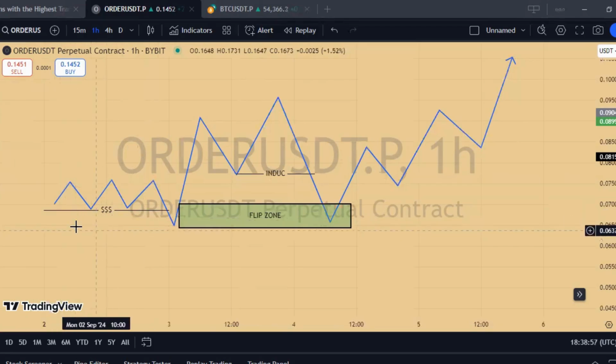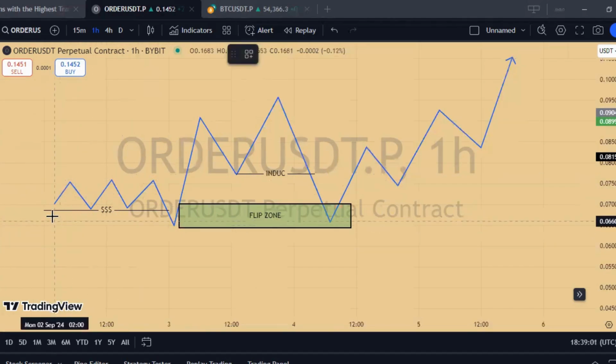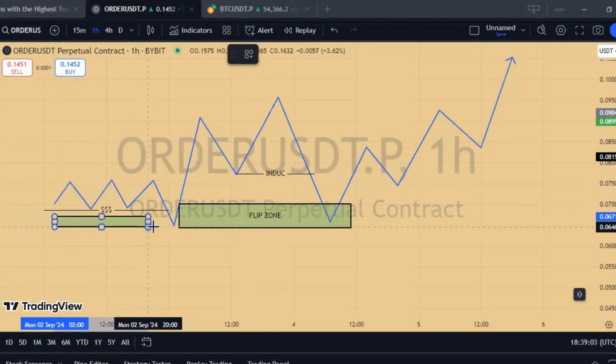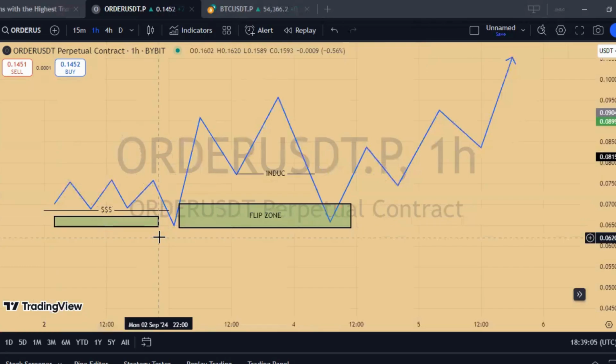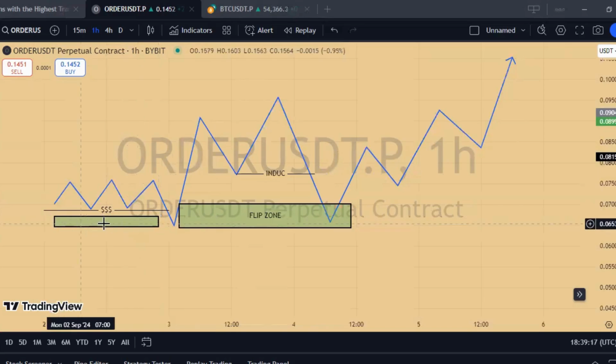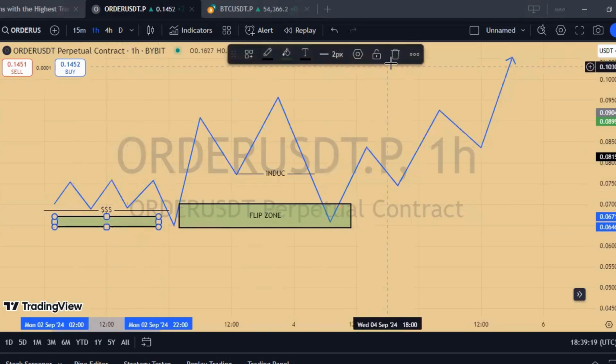There must be so many stop losses placed below here. Okay, these are mostly retailers, or let me say the newbies. As long as trading is concerned, there must be so many stop losses placed below there.